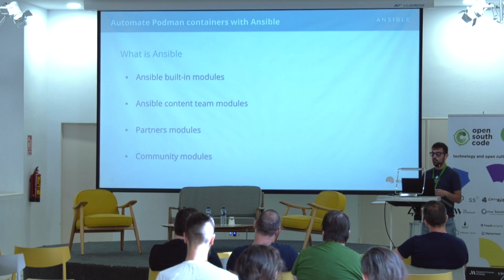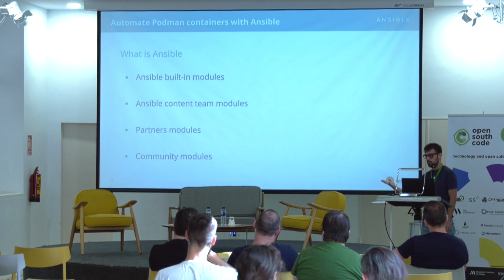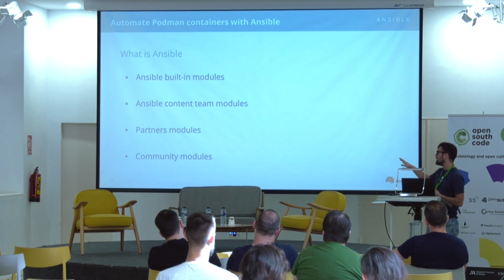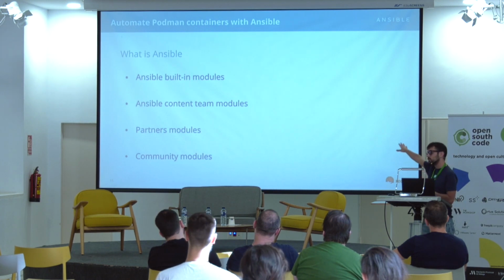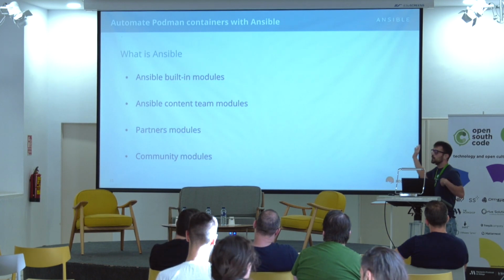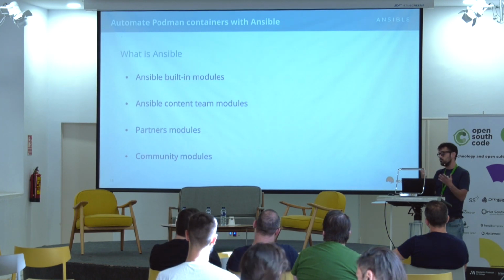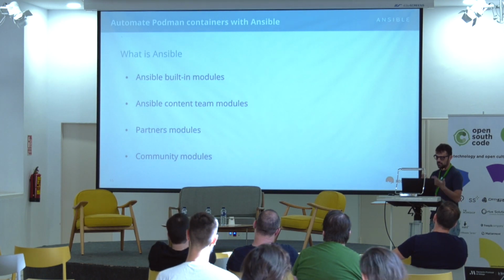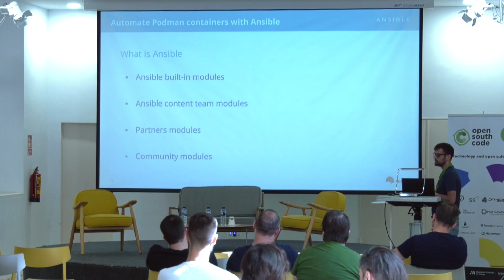Then we have a vast ecosystem of partners where they develop modules and then they publish them. The Dells, vendors, all kinds of things. Anything that we cannot really reach, because Ansible is so big and we cannot possibly support everything, there are partner modules. And then, because we have such a big community, there are modules that are developed and maintained by the community themselves.